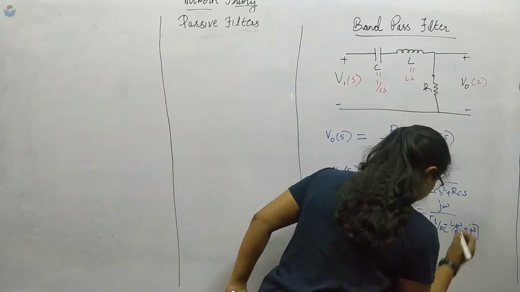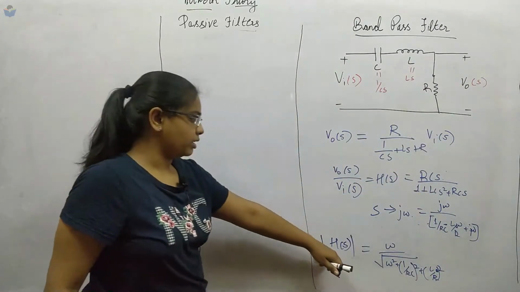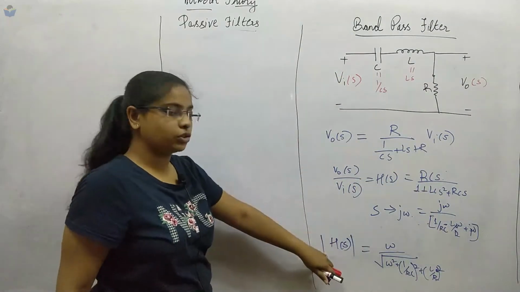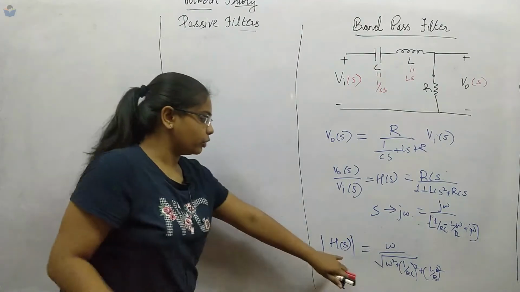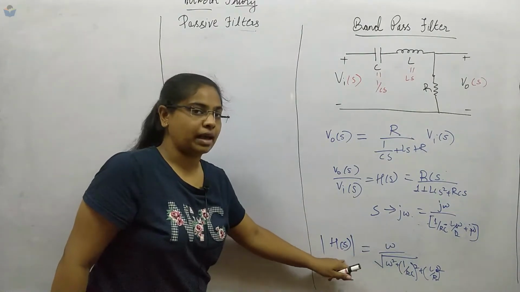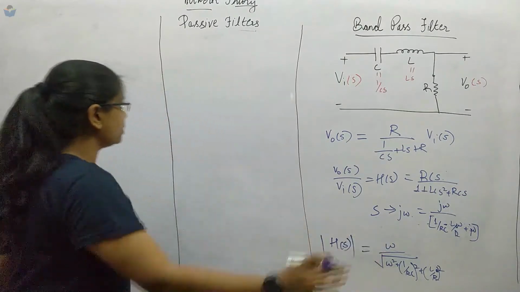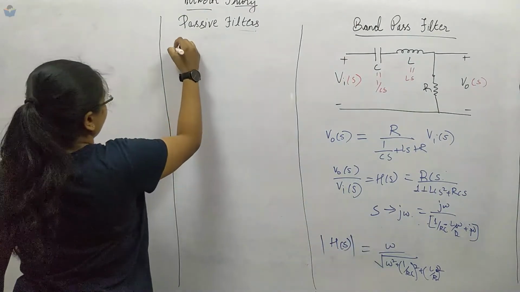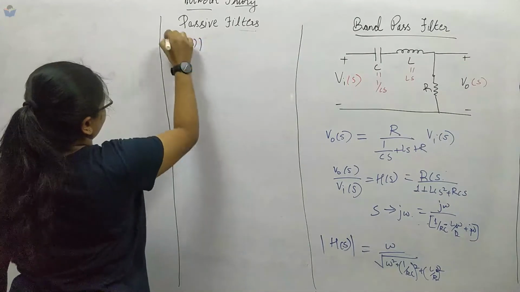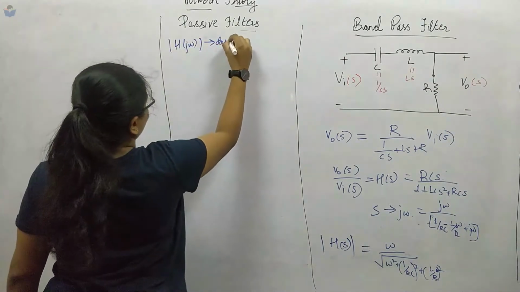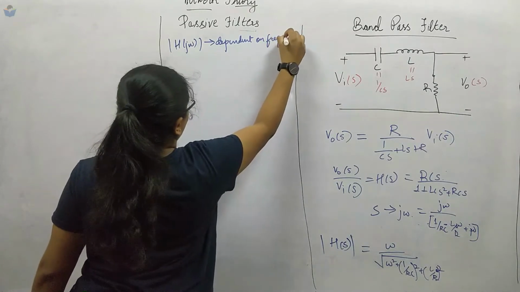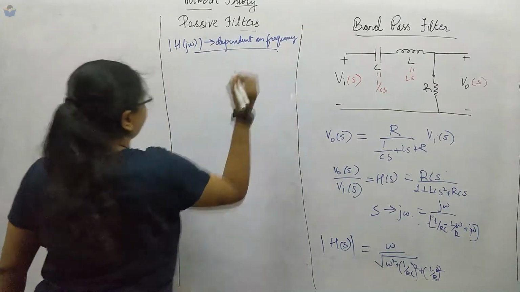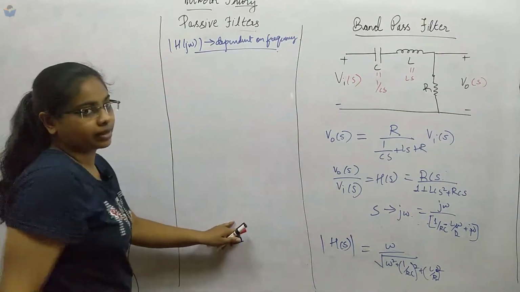This is what you get when you take out the transfer function. But you can observe that the magnitude of the transfer function, H of J omega, is still dependent on frequency. Keep this in your mind. This is an important point to solve this circuit.